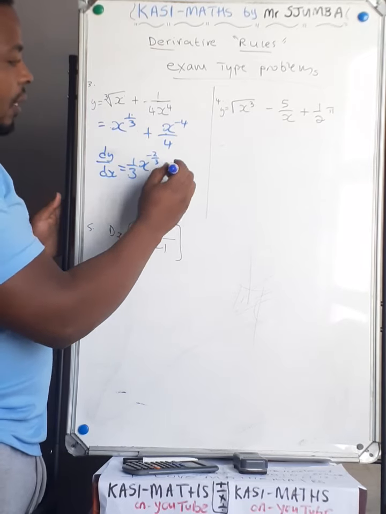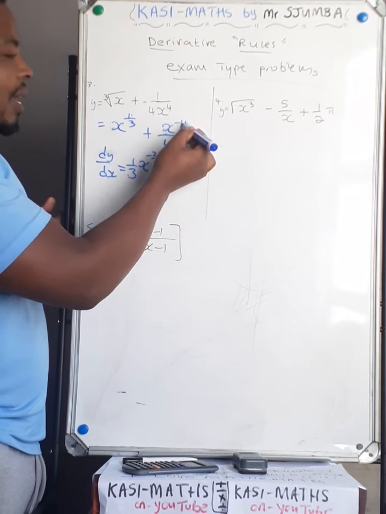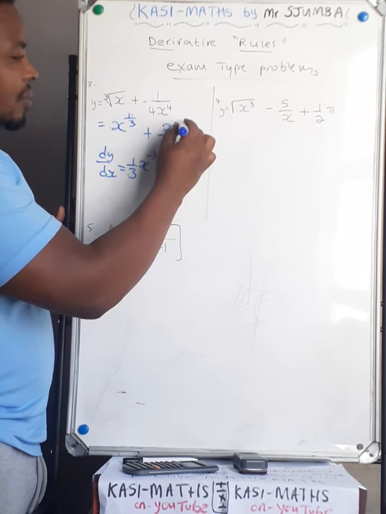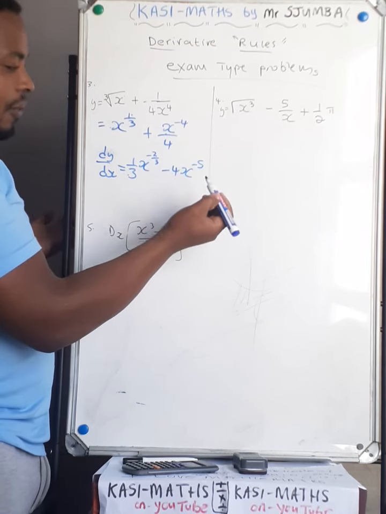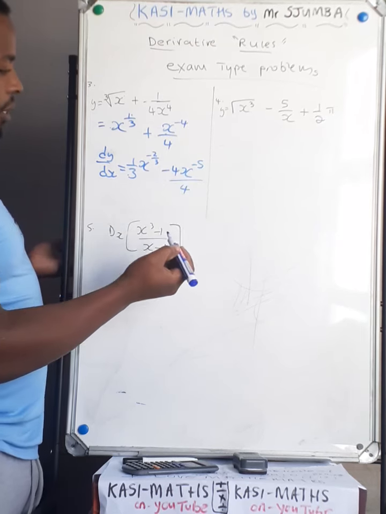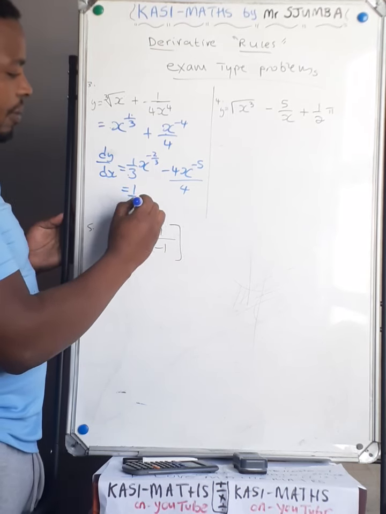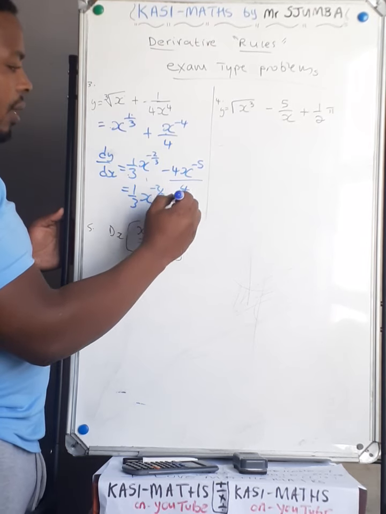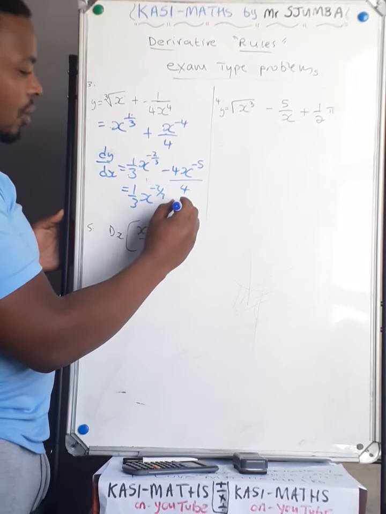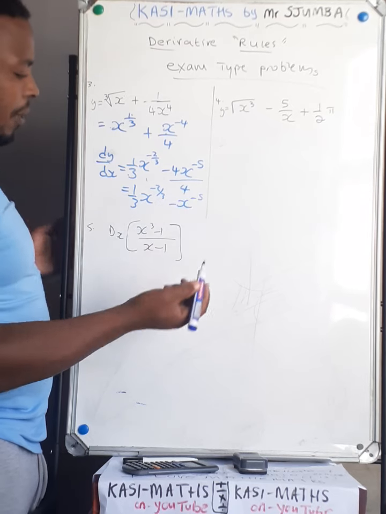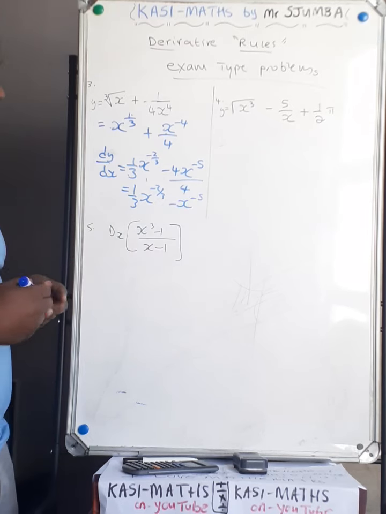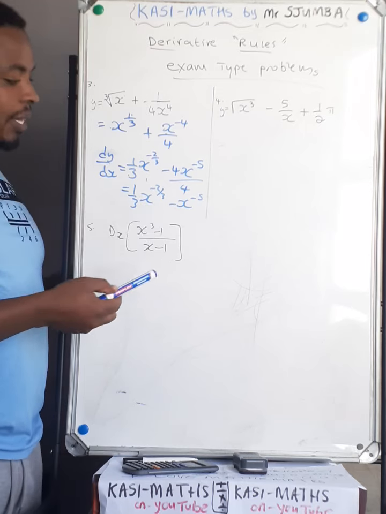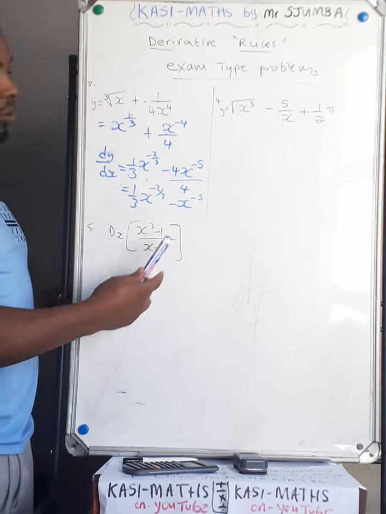Then we derive negative 4 times 1 is negative 4, x to the minus 4 minus 1 is minus 5. We can just simplify, but now it's finished. So you can even take the x to the denominator, the exponent becomes positive, and then you get all your marks.